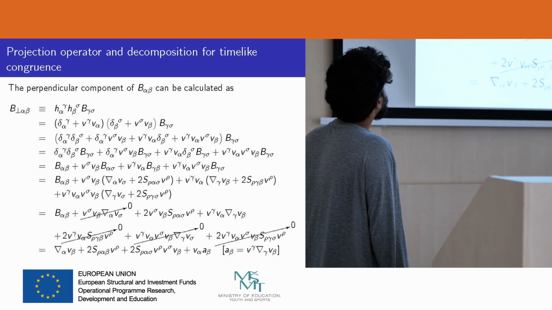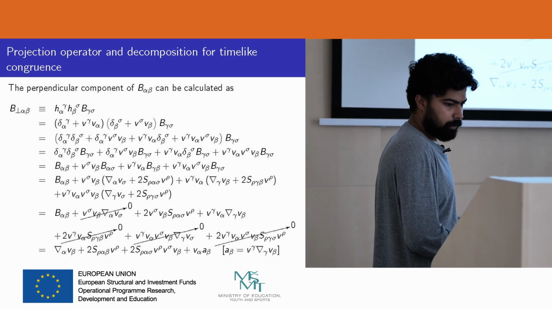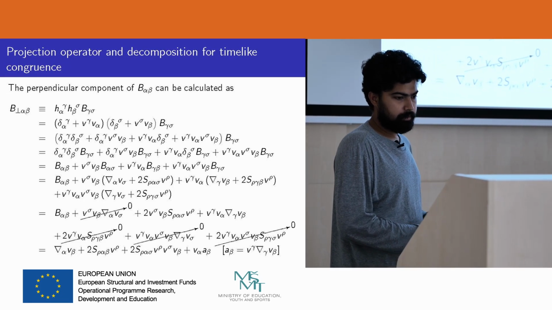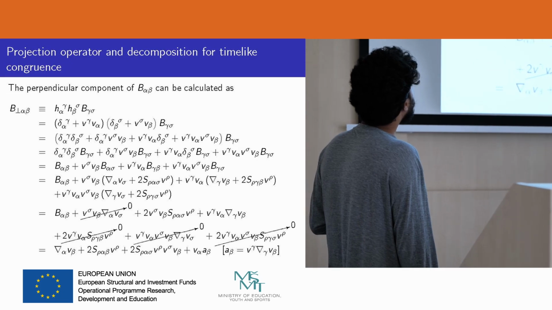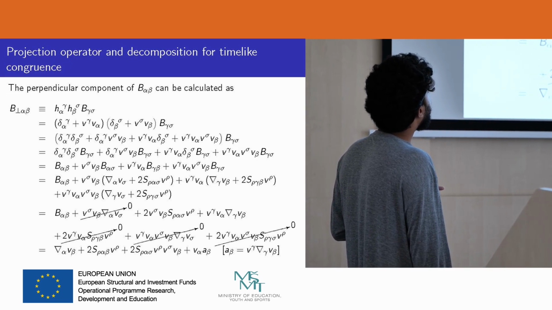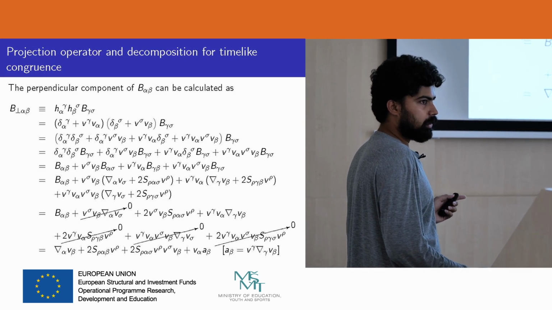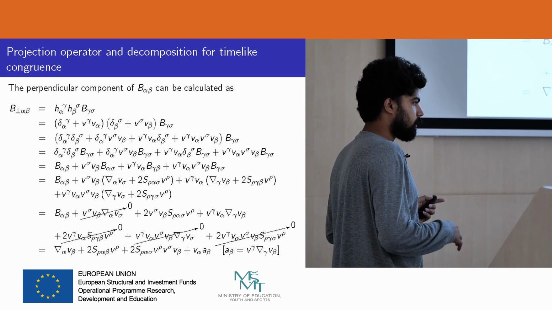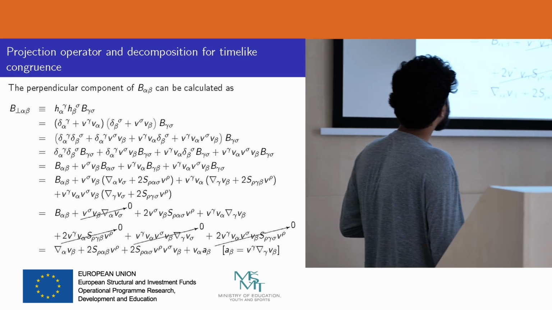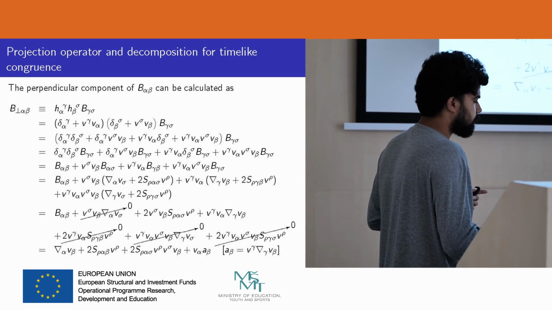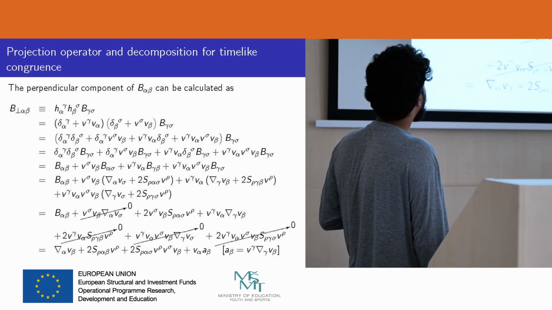So now we have to calculate the perpendicular component of B alpha beta. So if we use the relation here, we are basically projecting the tensor B onto the orthogonal hypersurface which is perpendicular to the direction of flow.